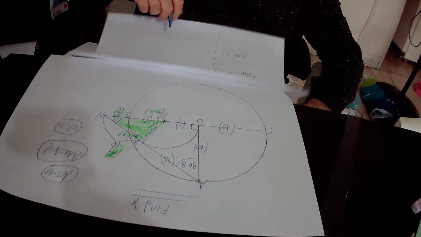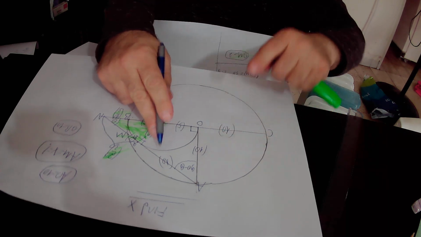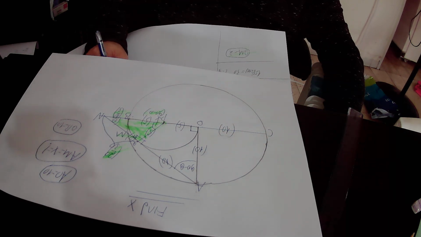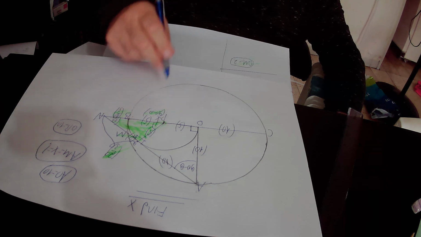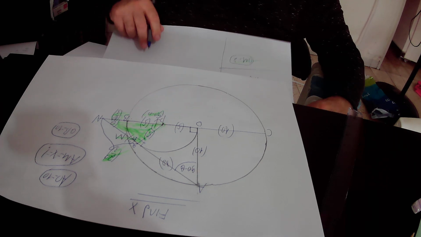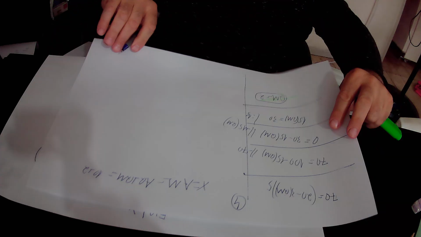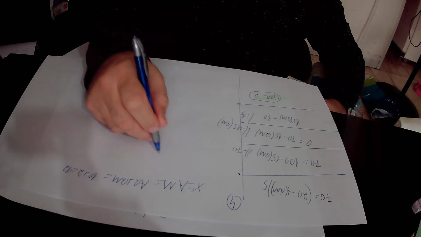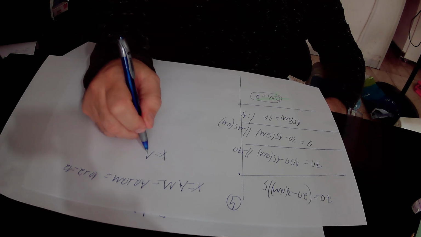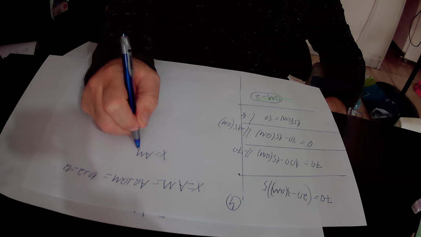AM equals AQ, that is 10, plus QM, that is 2. We just found that QM equals 2. So in total, AM equals 10 plus 2, that is 12. So we found out that x, which is equal to AM, equals 12 units in length.